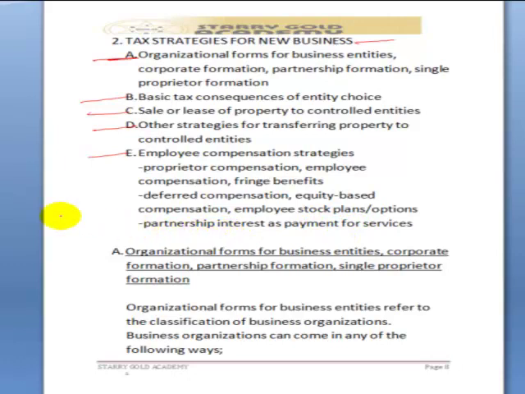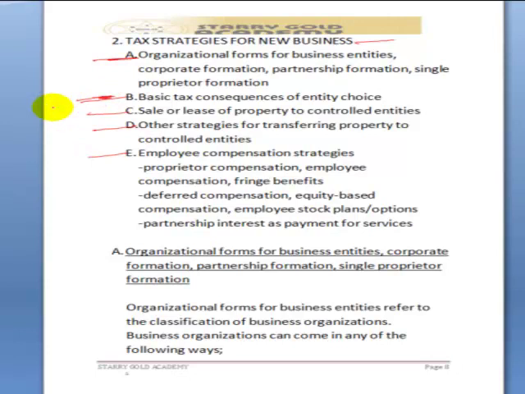A look at these subtopics underneath this topic indicates that we are discussing the different types of business organizations that exist. That's in the A part. In the B part, we'll take the basic tax consequences of each form of business.